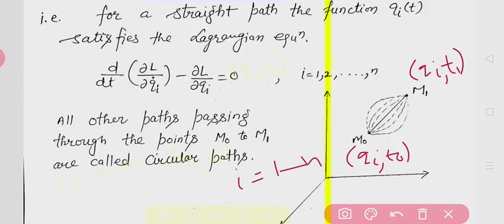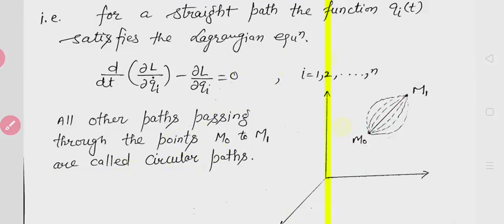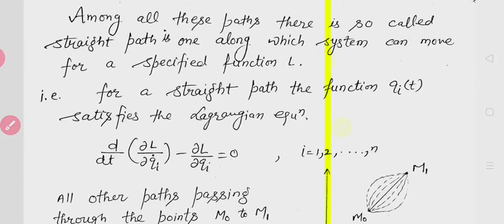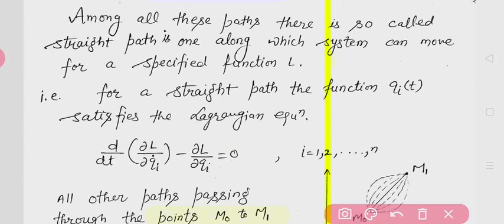So if I denote, the system will move along, the initial point here is m0 and the final point is here m1. So I will say that the system will move along the state path if this qi satisfies the Lagrangian equation. So for the state path, the function qi of t will satisfy the Lagrangian equation.